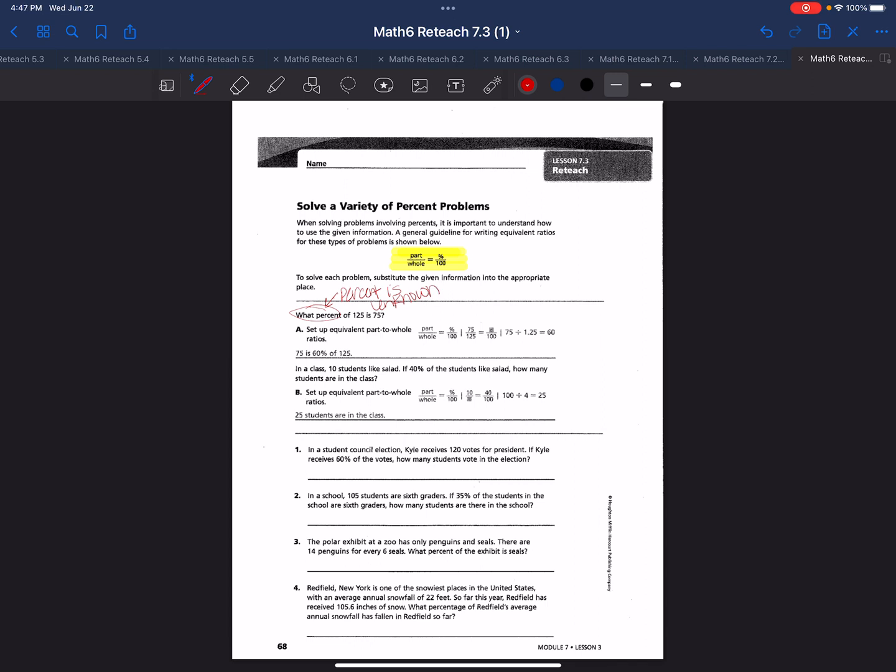I encourage you to pause this video and complete these problems on your own first, and then review the video. If you'd like to see problems in your student workbook, look at the homework on page 225 for similar problems.